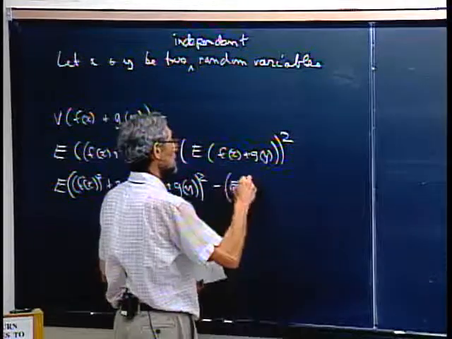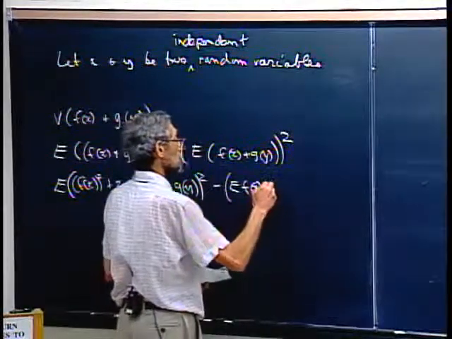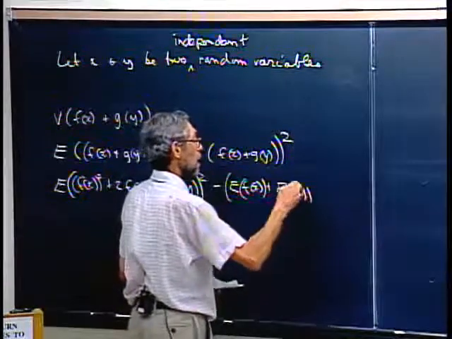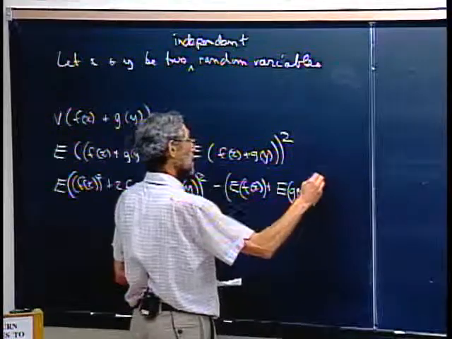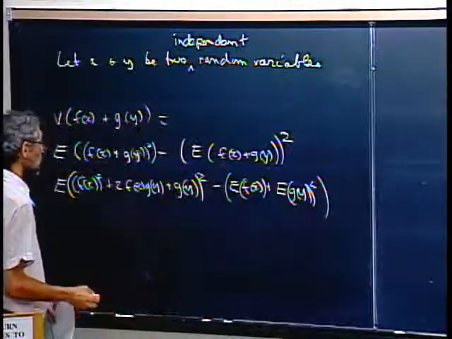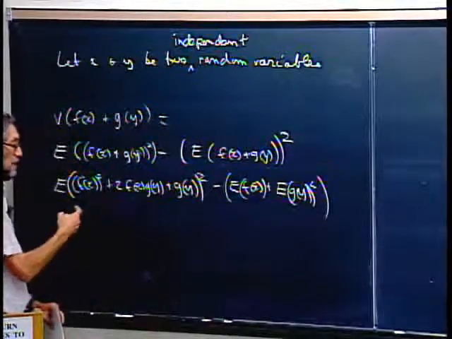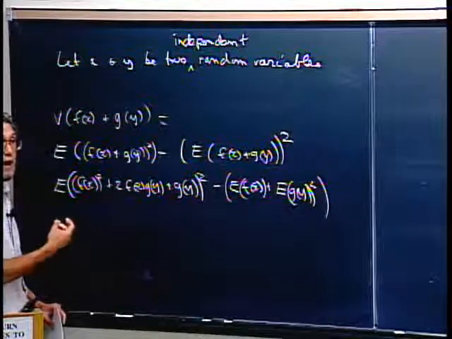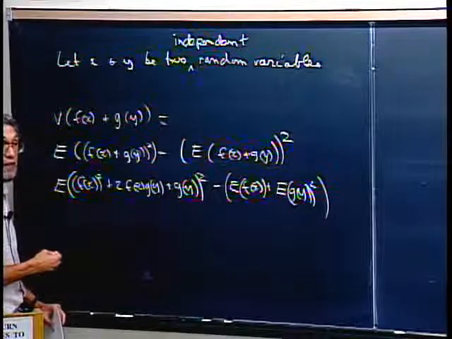So it's the expectation of f(x) plus the expectation of g(y), squared. And I'm subtracting that. So I'll end up multiplying this out. But now I have the expectation of a sum of a bunch of different terms. And they're all functions of random variables.